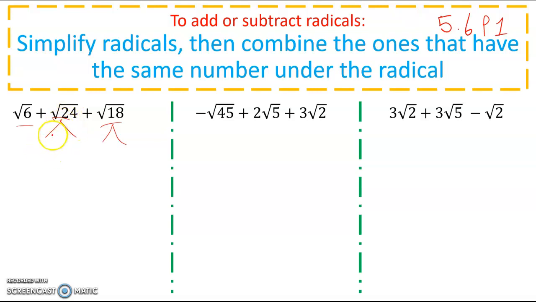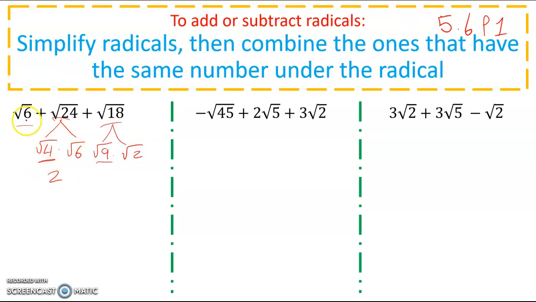If we know 24, we can split that up as 4 times 6. I'm going to split it up as the square root of 4 times the square root of 6, with the perfect square being the 4 right there. And then the square root of 18 can be split up as the square root of 9 times the square root of 2, because again, 9 is a perfect square. We simplify these down, I get that the square root of 4 is equal to 2.